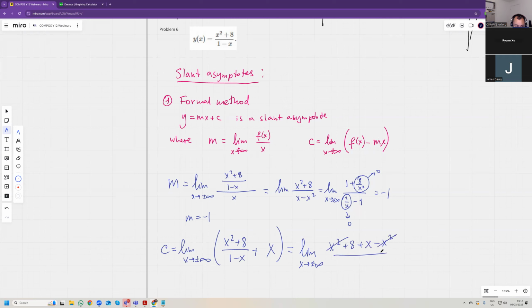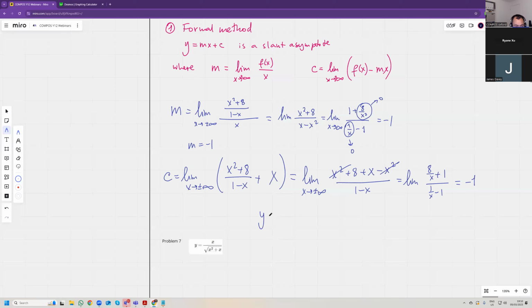X squared cancels, and you get 8 plus x over 1 minus x. And you can divide top and bottom by x. So that's 8 over x plus 1 over 1 over x minus 1. So that's equal to minus 1. So c is also minus 1. So y equals minus x minus 1 is a slant asymptote.